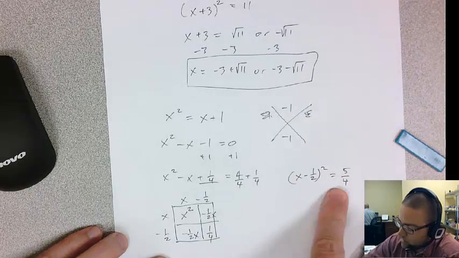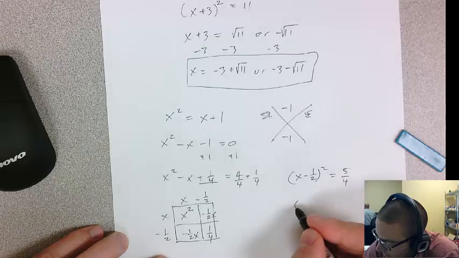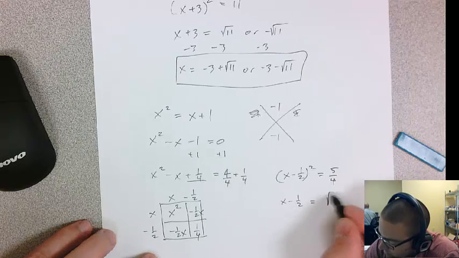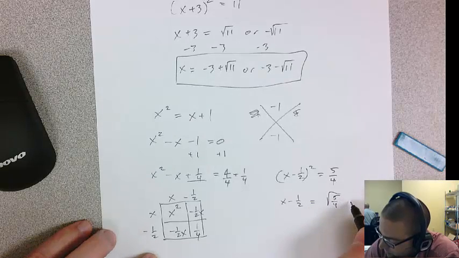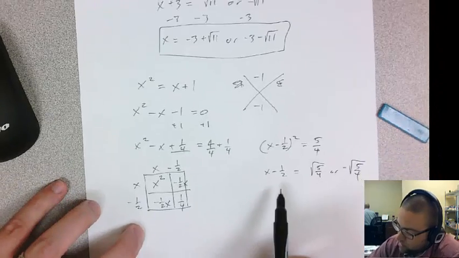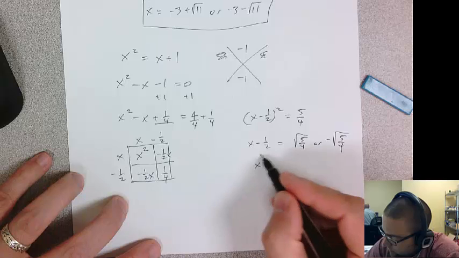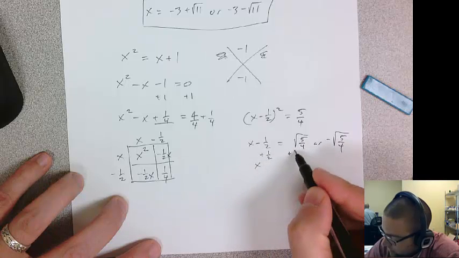And now I can take the square root of both sides. So I get x minus 1/2 is equal to the square root of 5/4 or the negative square root of 5/4. And then I add my 1/2 to both sides to get my x by itself. So I'm going to add 1/2 to everything.